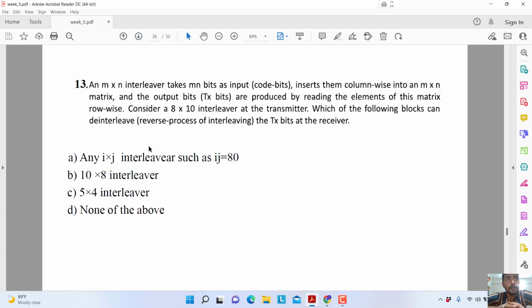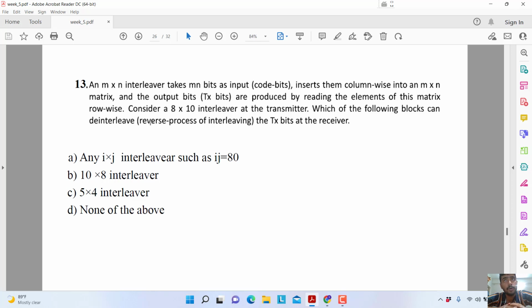Okay. Next question is also related to the interleaver. The question is: an M cross N interleaver takes MN bits as input, inserts them column-wise into the M cross N matrix, and output bits are produced by reading the elements of this matrix row-wise. Consider an 8 cross 10 interleaver at a transmitter.